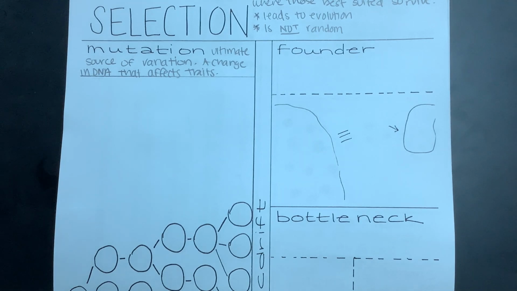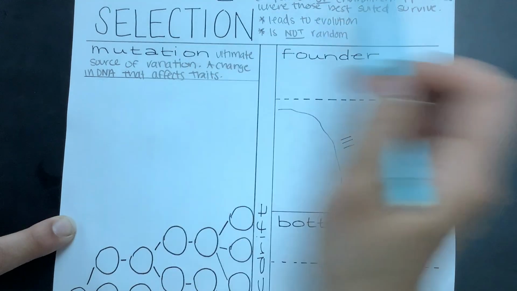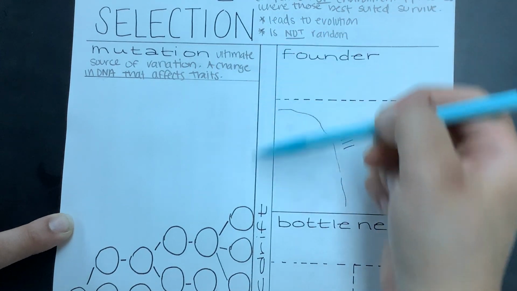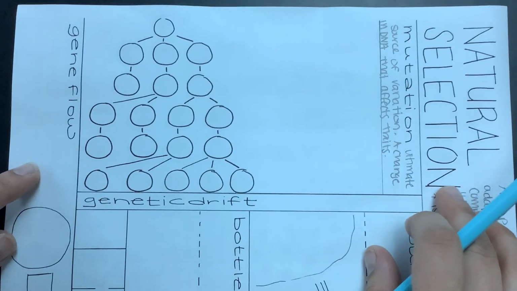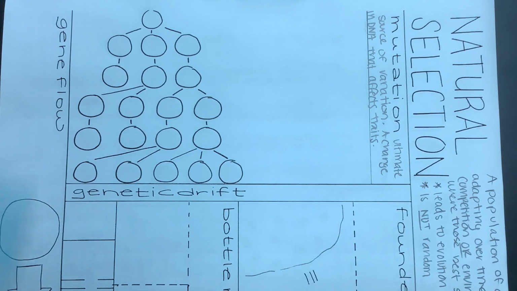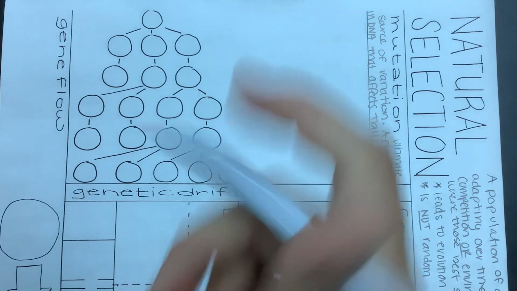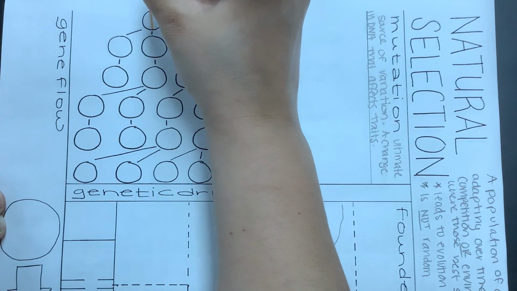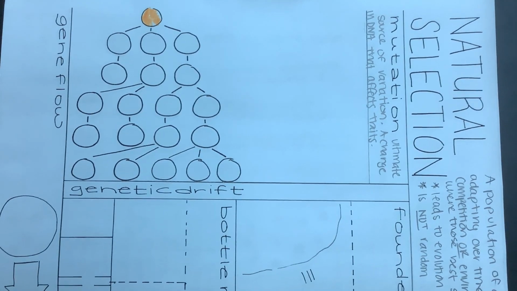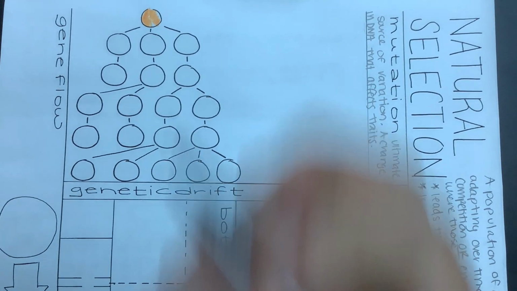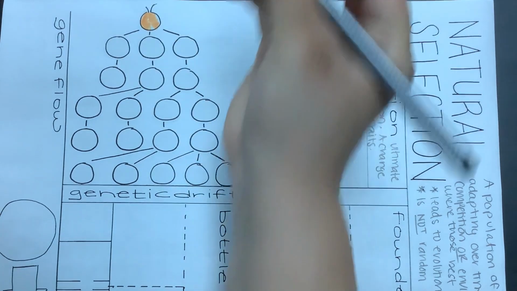So if you haven't already divided your paper, you might want to draw yourself a line here, because we're going to draw an example of a mutation happening. Let's say we have an orange ladybug or beetle, whatever you want to call it. I'm going to use black, but you don't have to; you can use your pencil.